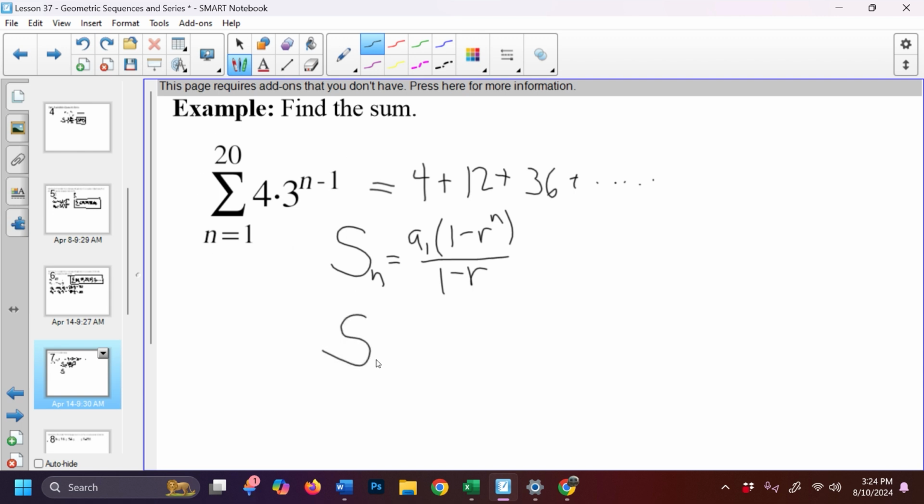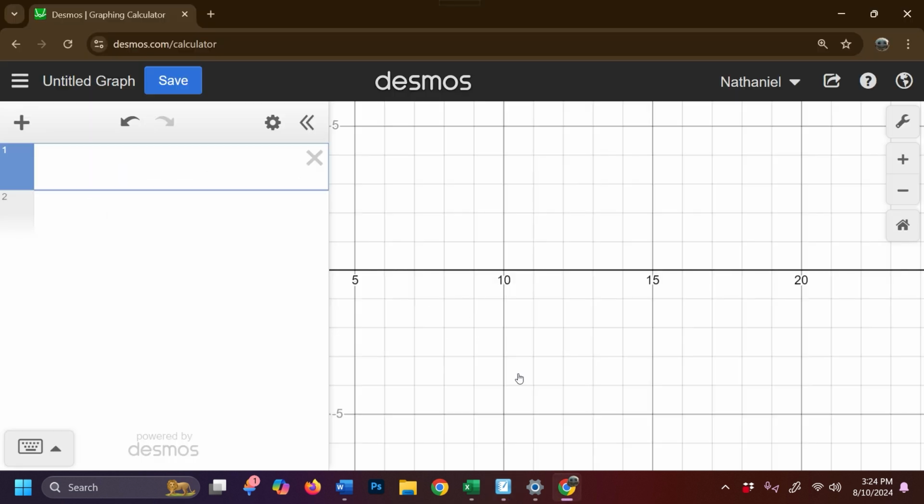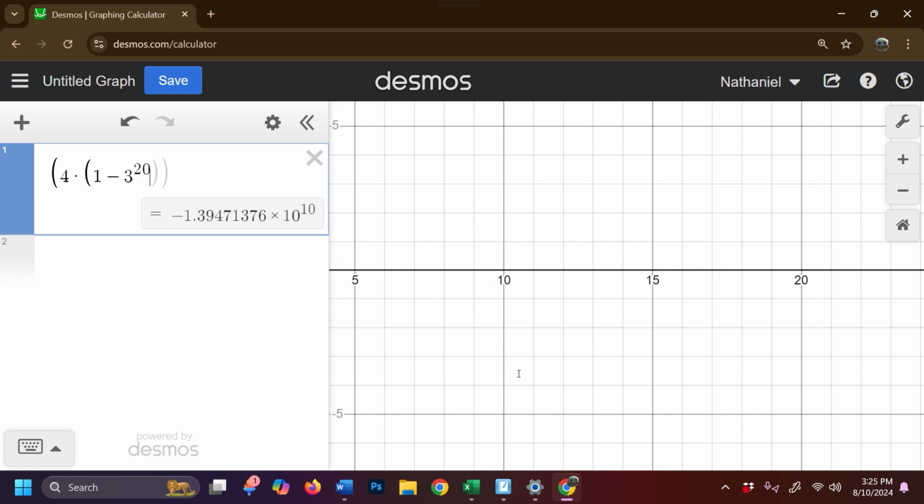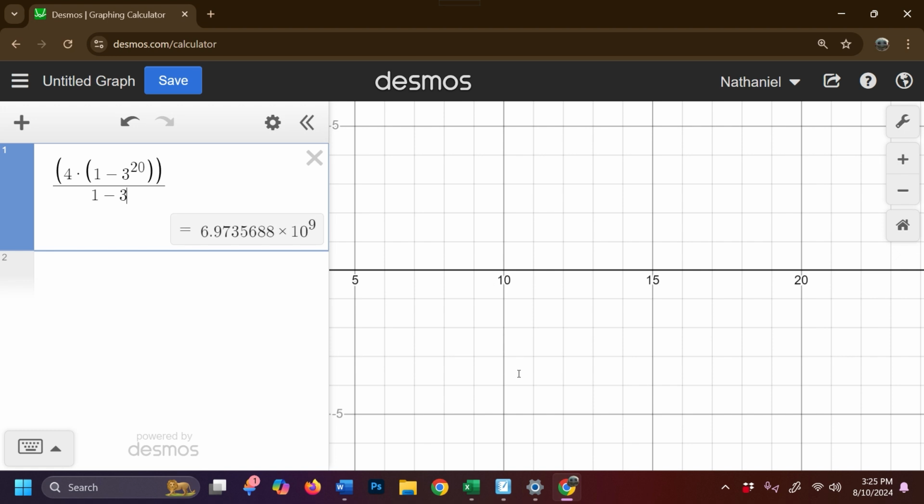All I need to do is go S sub 20 is equal to 4 times 1 minus 3 to the 20th power all over 1 minus 3. So it's going to be similar to the first equation, but again, notice, have to write in that first term right there. So back in Desmos, we will go parenthesis for the numerator, 4 times 1 minus 3 raised to the 20th, close that parenthesis, close the numerator, divided by 1 minus 3, which would be negative 2.